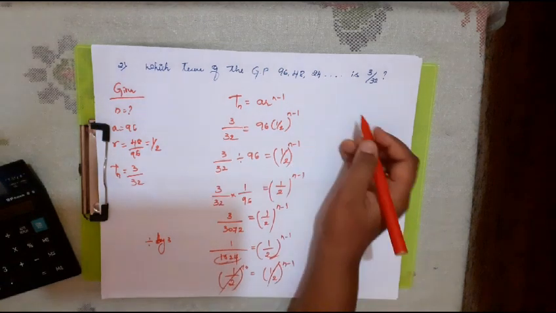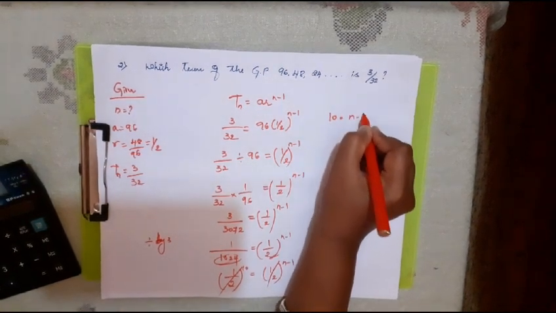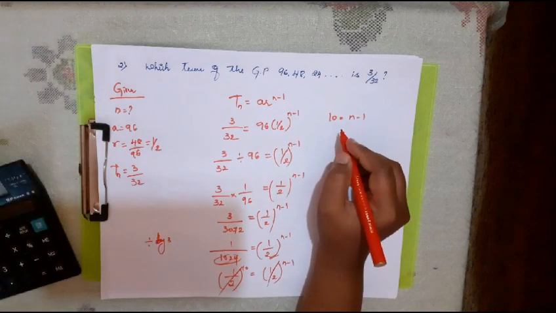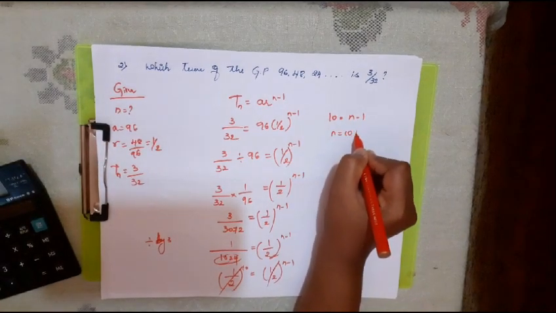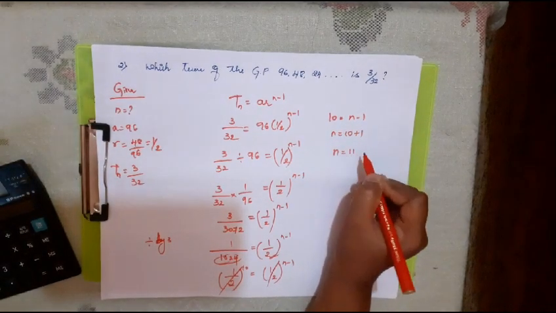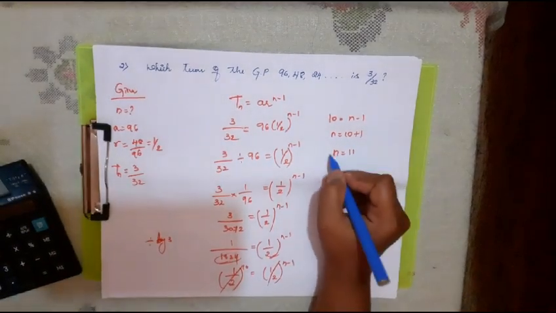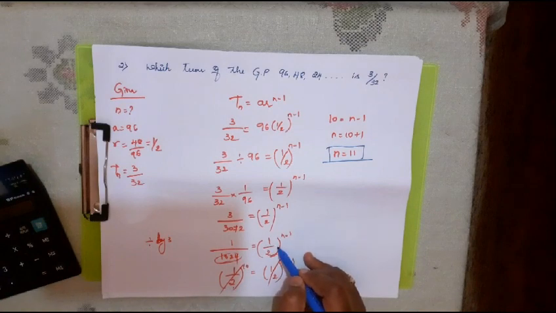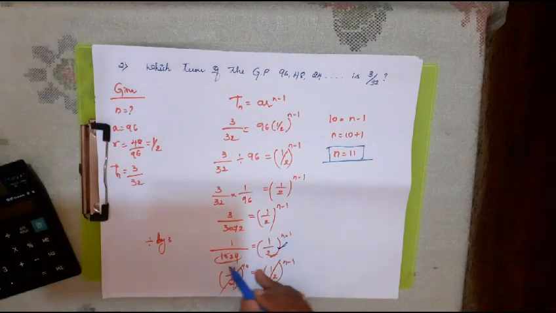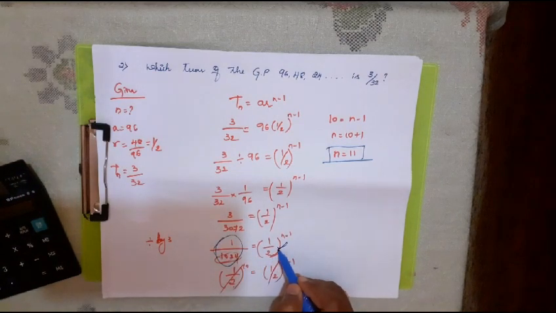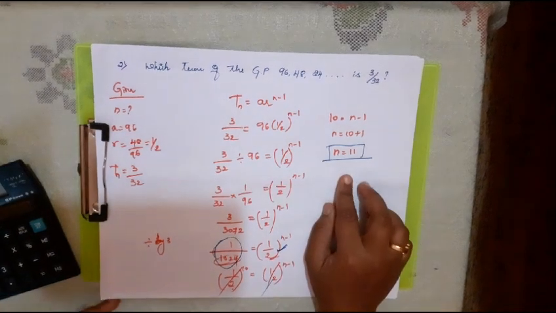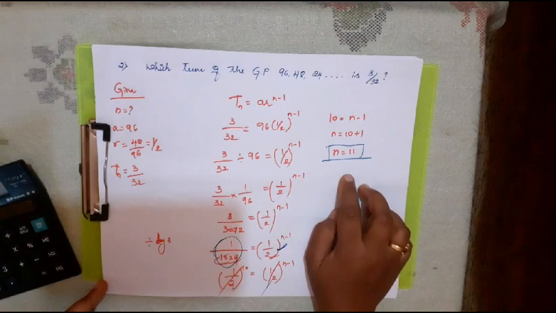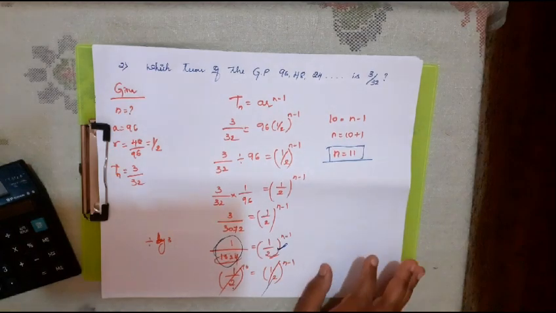So we'll remain with 10 is equal to n minus 1. So n is equal to 10 plus 1, so the value of n is 11. Like this we are going to calculate it. This is very important: whatever value you have here, try to convert this also accordingly so that you can eliminate this part. So this is the calculation of the term, that is the value of n. Well, we'll take it to the next question.